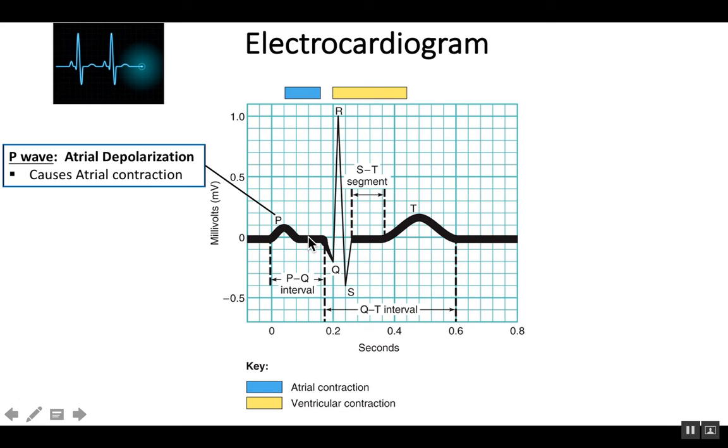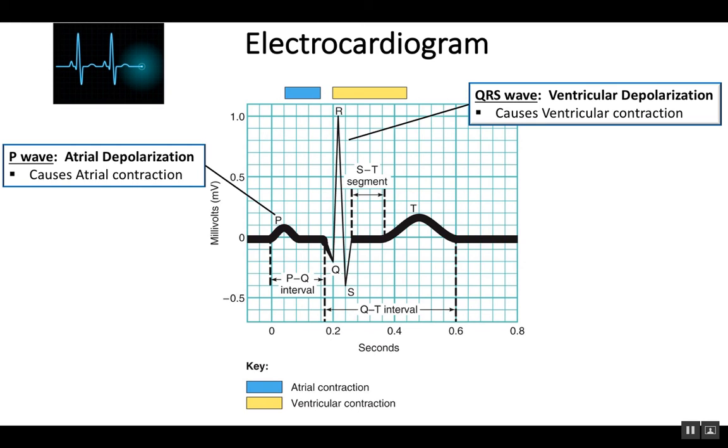Now notice, you don't detect contraction. You detect depolarization. Electrical current is what the ECG detects. So you kind of have to assume that if you have a P wave, the atria are going to contract right after that P wave, or during the P wave and just after the P wave. So that's the P. The QRS represents the ventricular depolarization.